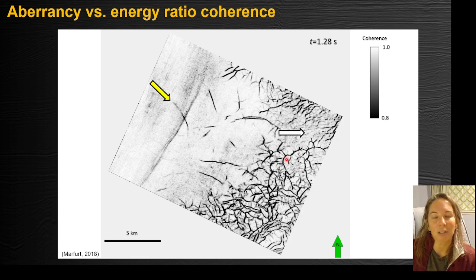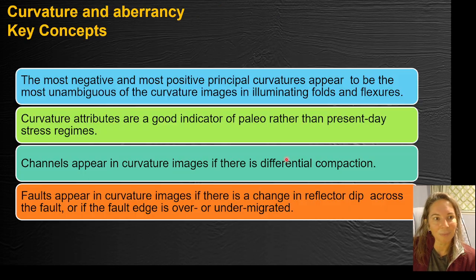This is one of the reasons it's really good to run aberrancy, because it's much more sensitive to smaller scale faults that may be below resolution. We've done a lot of studies with this lately in the basement to look for basement faulting, where you just don't have the resolution and it may be noisier. Aberrancy has been a really good tool for us in the basement. We've tested it out in a couple of different areas, parts of the world.